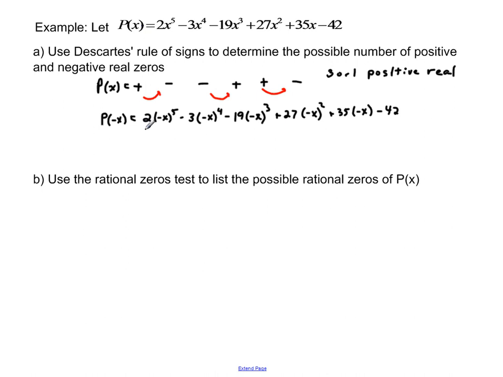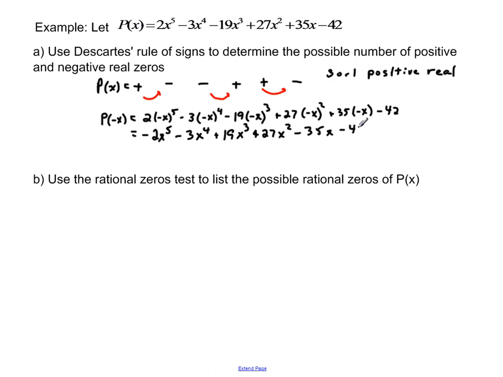So this will become a negative term, negative 2x to the fifth. This will stay minus 3x to the fourth because negative x to an even integer exponent keeps the same sign, just makes it positive. This will become plus 19x cubed because we're taking negative 19 times negative x cubed. We're going to have plus 27x squared. We're going to become negative 35x in the next term, minus 42.